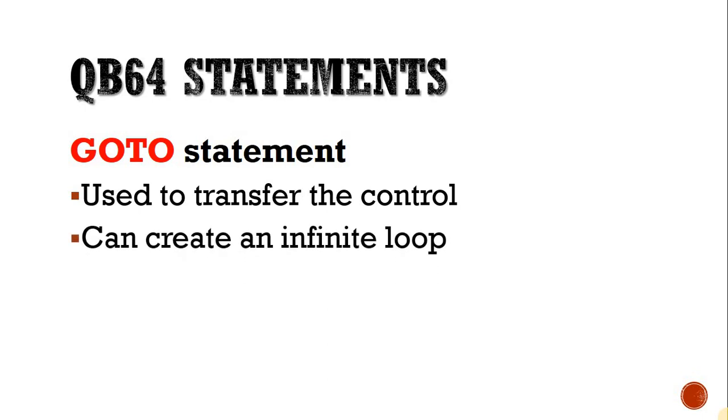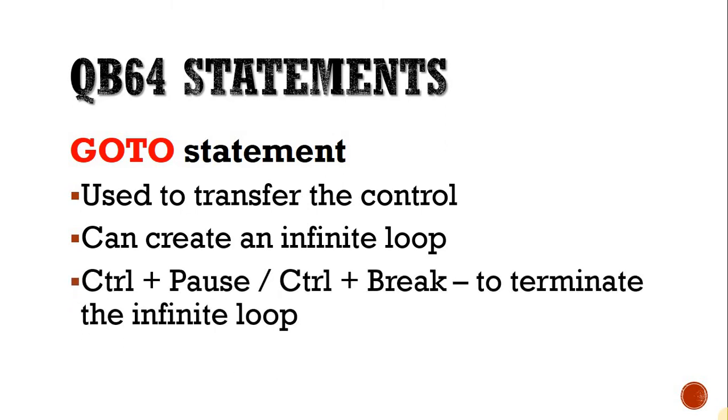It means an endless or exitless process. When we create an infinite loop, we need to end it, right? So, to terminate the infinite loop, we can press Ctrl plus Pause key or Ctrl plus Break key on the keyboard. The syntax of the go to statement is go to, then the instruction.